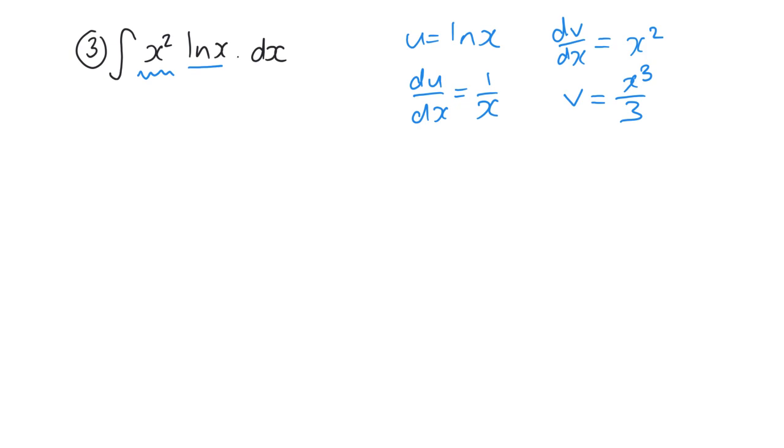so you wouldn't get too far with it. So now we have uv, so that's x cubed over 3 times ln x minus the integral of v du by dx, so that's x cubed over 3 times 1 over x. So we've got rid of the log altogether in the integral.